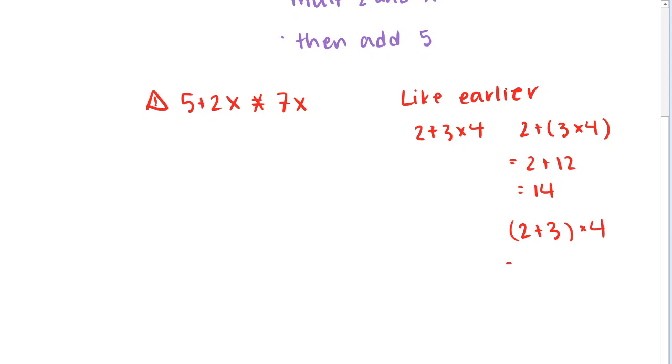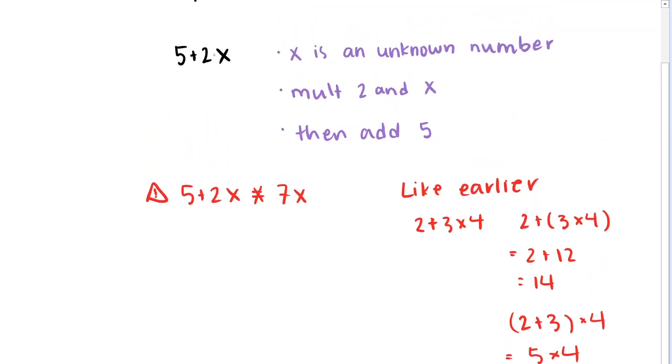Right? This was equal to 5 times 4, which is 20. We got different results. And here, if we do the addition before the multiplication, and we try and call this 7x, right, 5 plus 2 times x, this would be a very different quantity than what we had to start with.